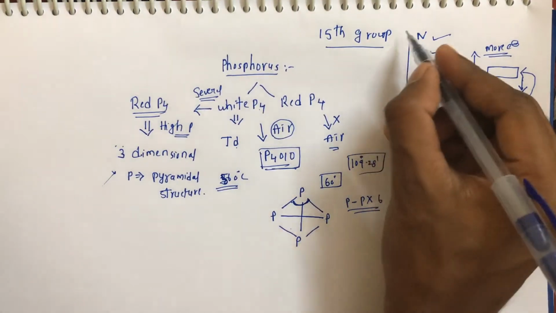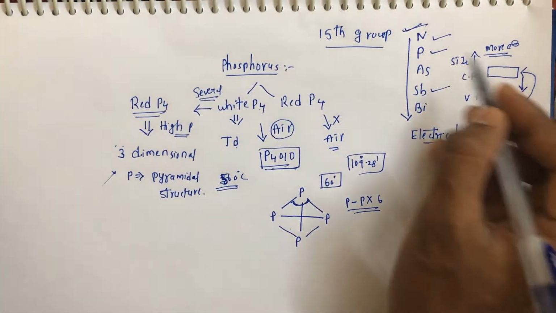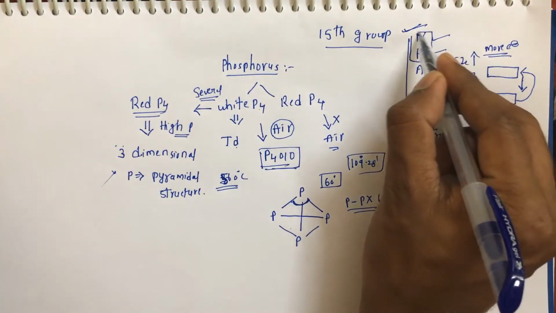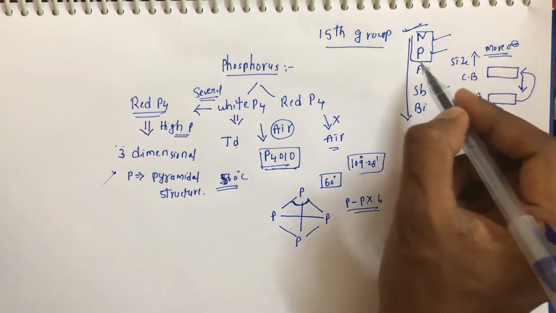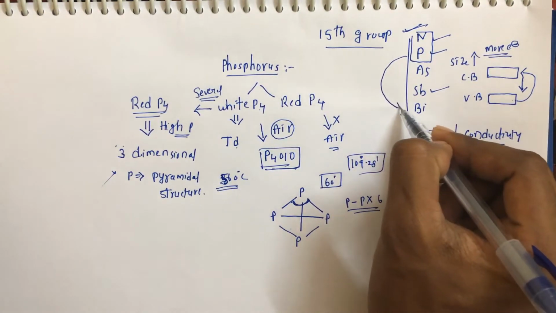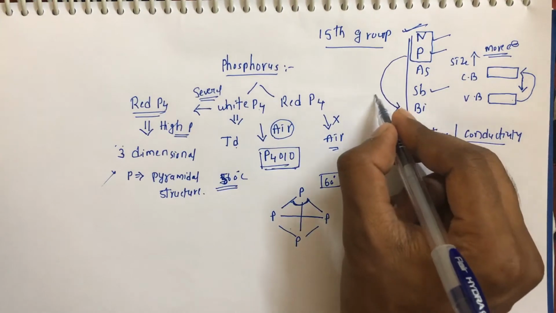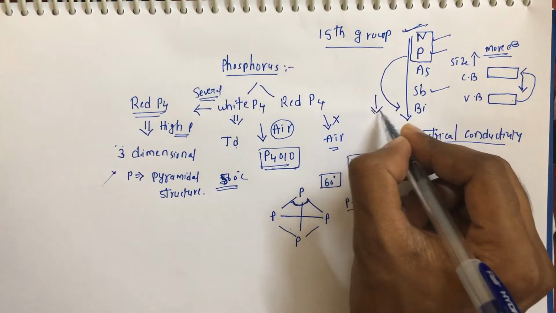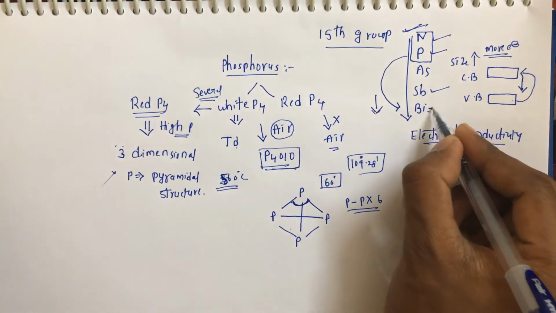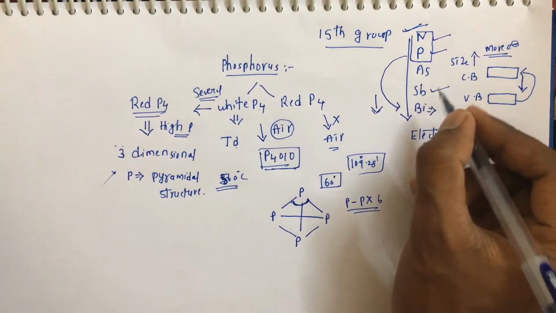But in the case of the nitrogen family, it doesn't happen. From nitrogen to phosphorus the electrical conductivity increases, but from phosphorus to bismuth the electrical conductivity decreases.